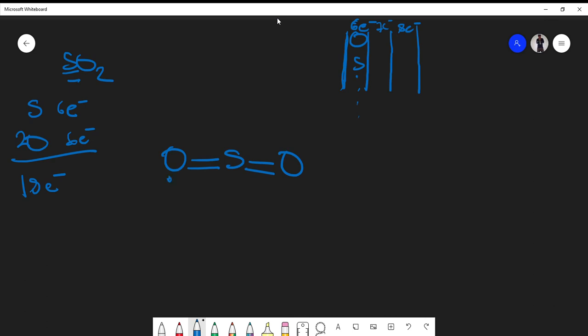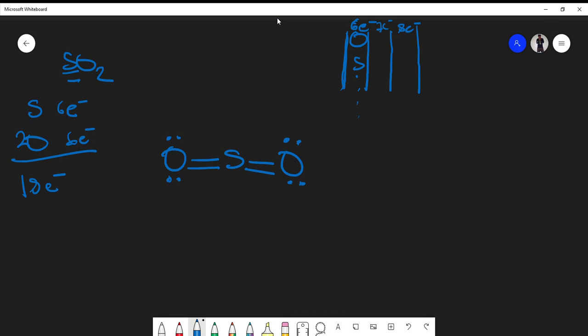So if I go ahead and get the oxygen octet to be completely full, then this would be 2, 4, 6, 8. So I know this oxygen is satisfied. If I do this on the other side, then this becomes 2, 4, 6, 8. So both oxygens are satisfied. So let's count how many electrons we've used thus far, and let's see where we're being deficient, if we are indeed.